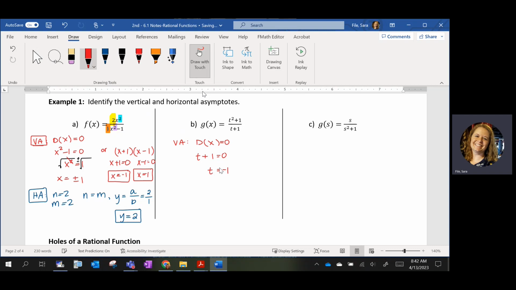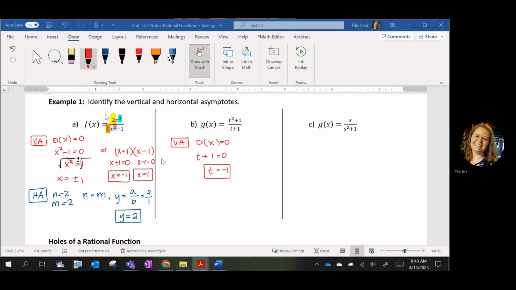Now they're using t instead of x. So if you want to leave it as t equals negative 1, that's fine. If you prefer to write x equals, that's fine too. But that's the variable they're using. So there's only one vertical asymptote here, because that's the only value you could plug in, and it would make the denominator 0, right? Y'all agree? Okay.